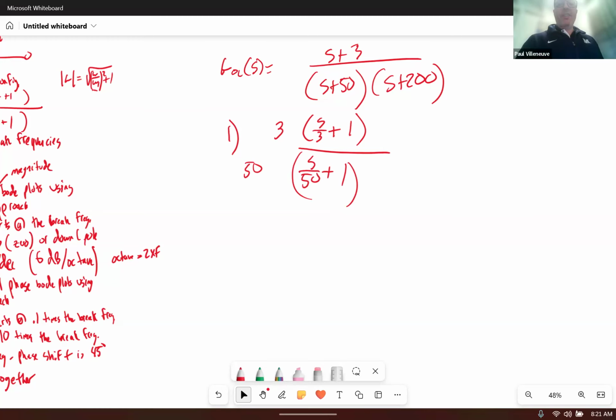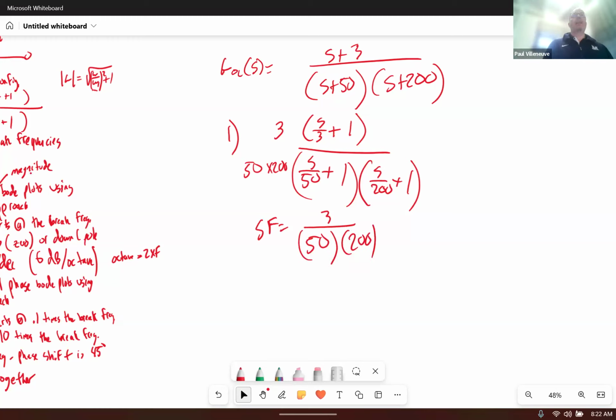And we have to factor out a 200 over here as well. So my scale factor is 3 divided by 50 times 200.